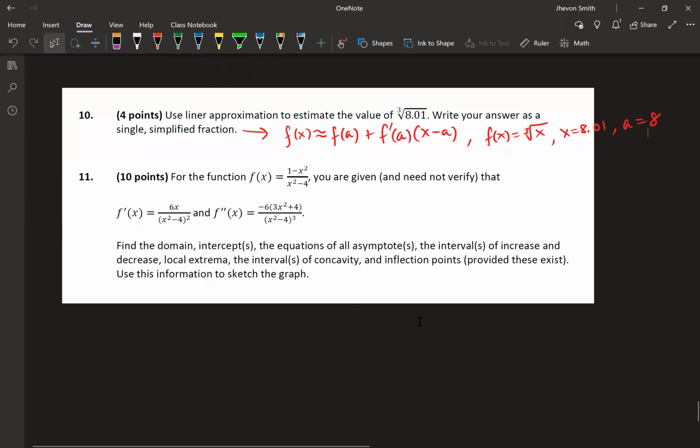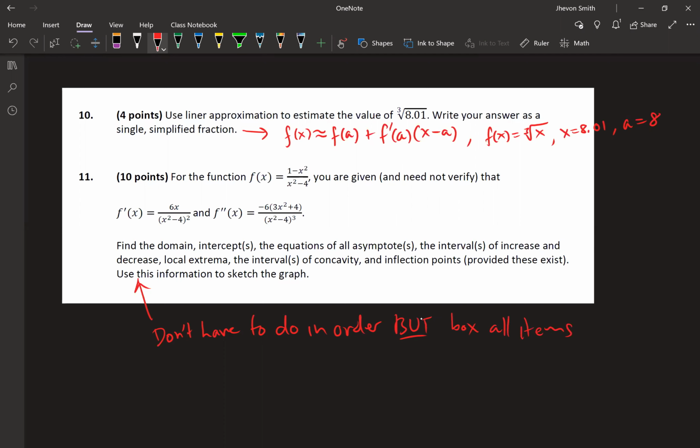Now for this one, you don't have to go through the steps in order, but I think the order that I gave you in the handout makes sense from a conceptual standpoint. But make sure that you box all items required.